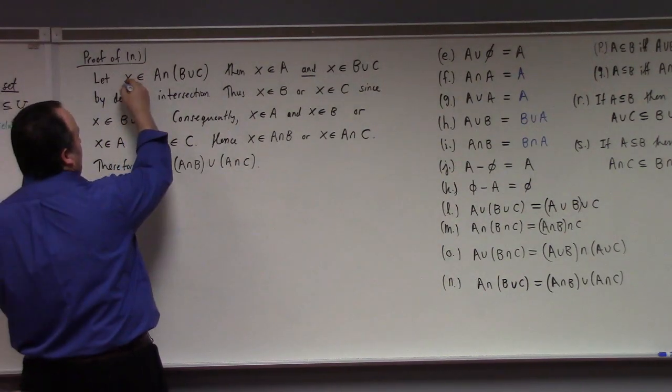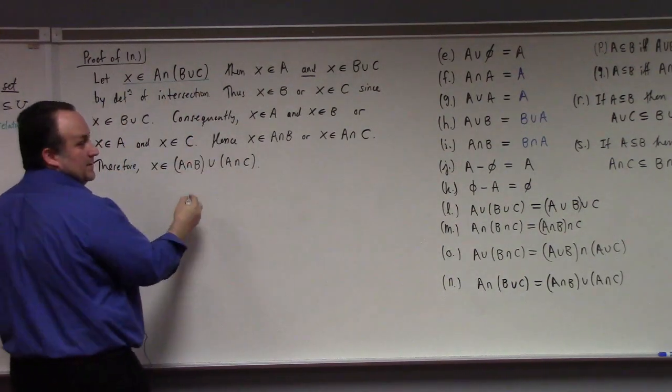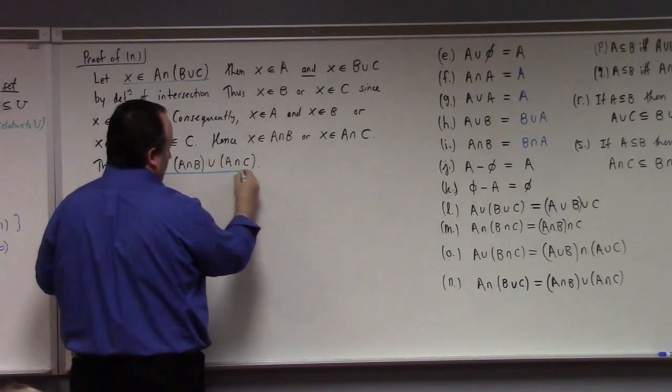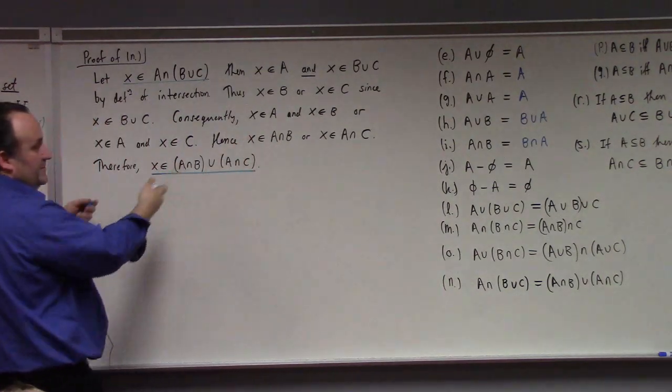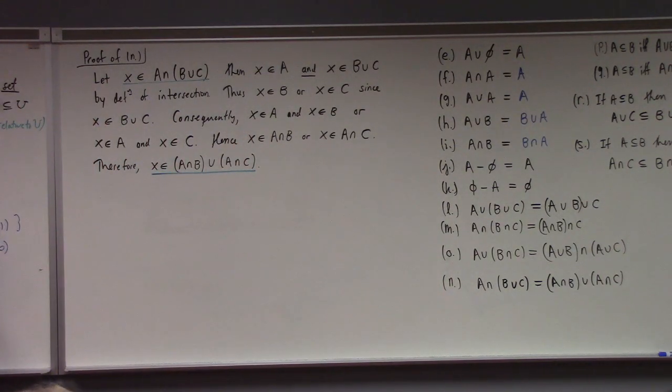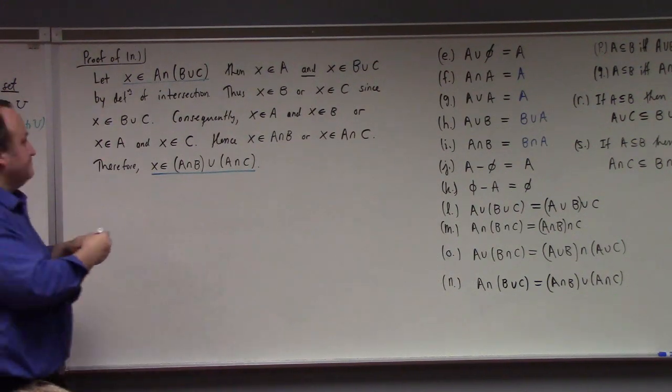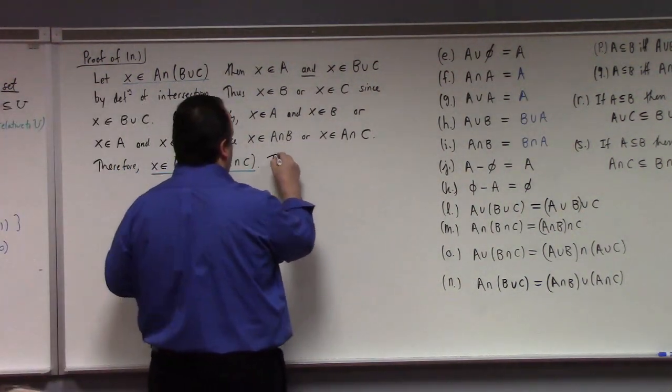We have assumed X is here, right? And now we have made steps that show that in fact X is there as well. What does that mean? Thus what?